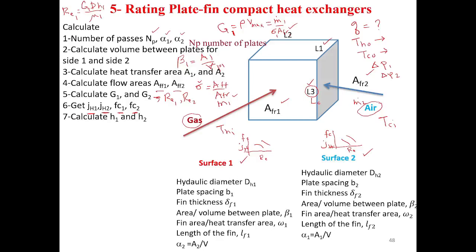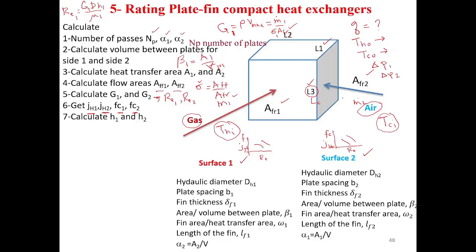Of course, we do not have an average temperature, since we have only the inlet temperature for the hot fluid and only the inlet temperature for the cold fluid. So some temperature is going to be assumed for side 1 and side 2.